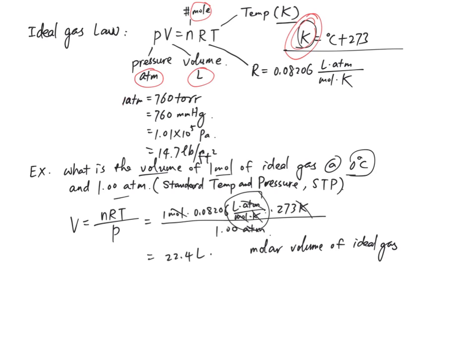Now, what other use do we have for the ideal gas law? Traditionally, after people discovered the ideal gas law, it has been used for people to find out the molar mass of a given gas.